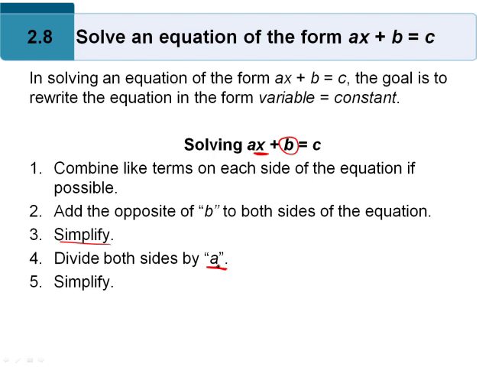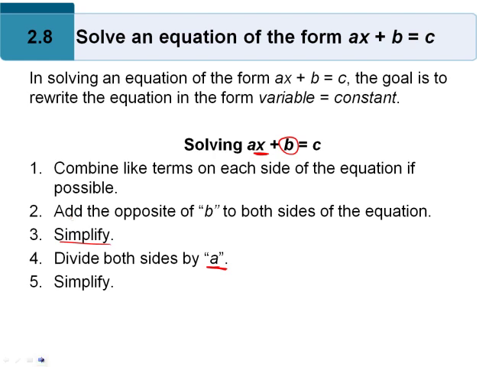The key to solving these equations is that the steps for these problems, 1 through 5, have to be done in this order. In other words, you can't divide at the beginning. You have to do the addition and subtraction step first to get rid of the constant, and then divide at the end to get rid of the coefficient. So these steps must be done in this order very specifically.